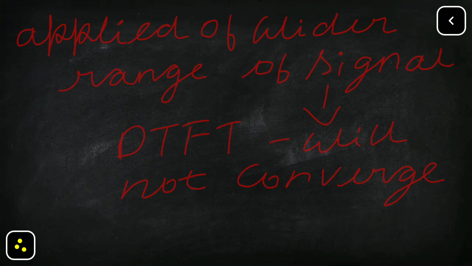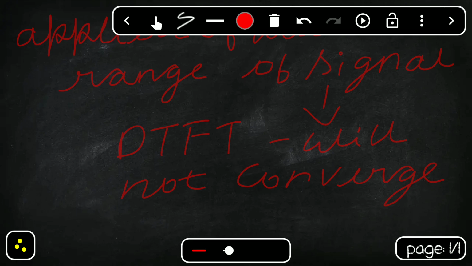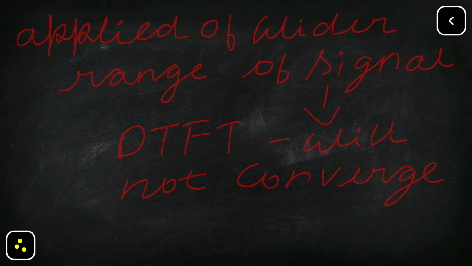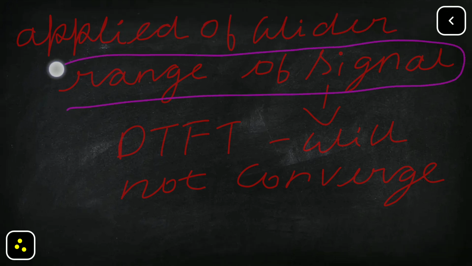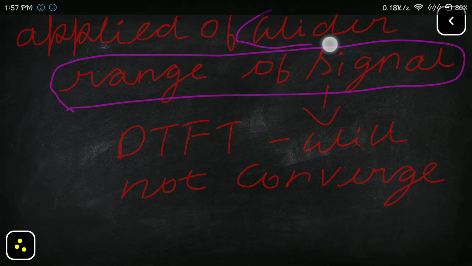So please do understand, the very first point we learned was that it is an extension of the discrete time Fourier transform. What is the extension? In the sense that it is somewhat advanced of the discrete time Fourier transform. And why are we using this? We are using it for a wider range of signals. This is also important, right?